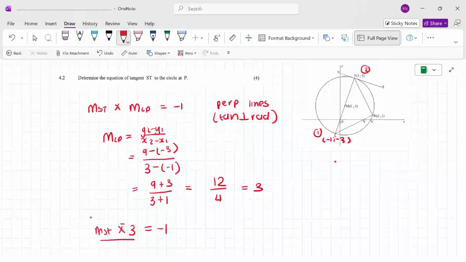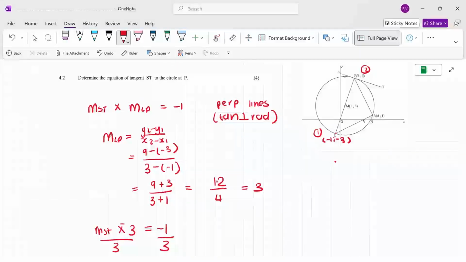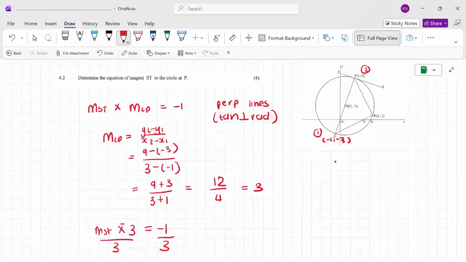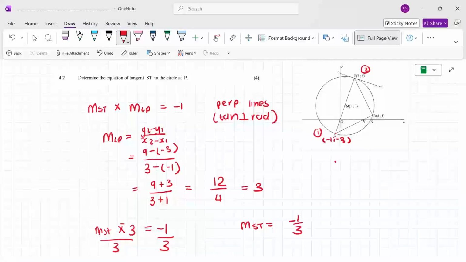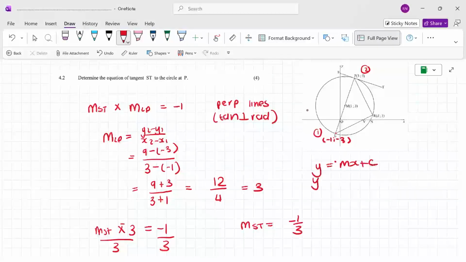To get the 3 to the other side, I divide by 3 on both sides. And so the gradient of ST is going to be -1 over 3, right? So if I'm writing it as y equals mx plus c, my y is now equal to -1/3x plus c.